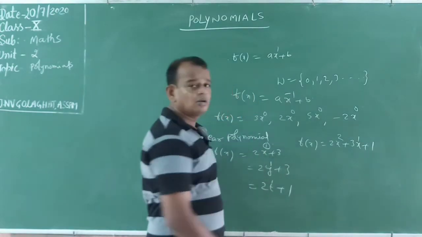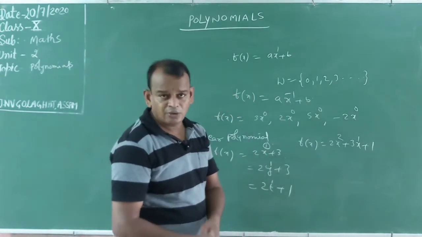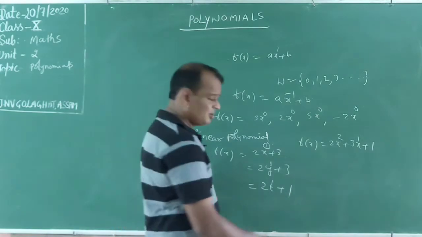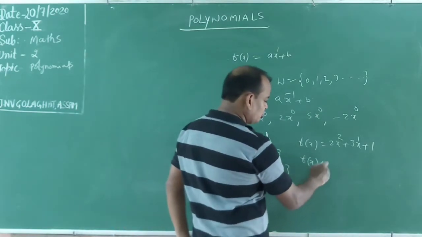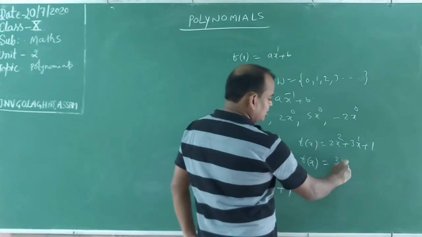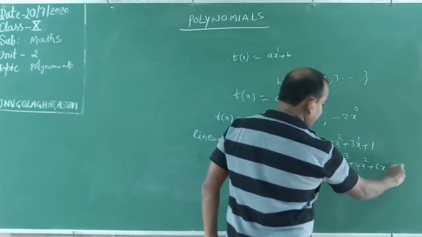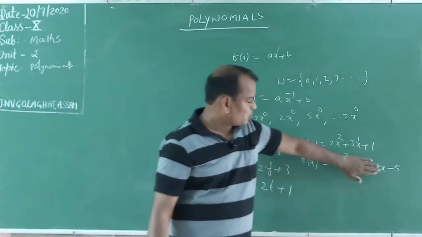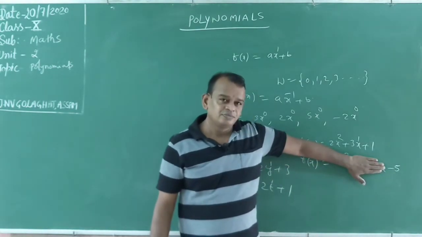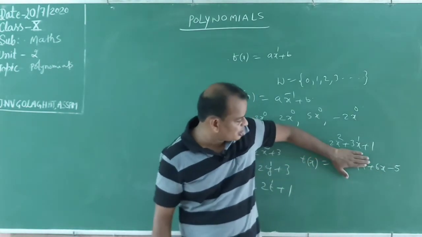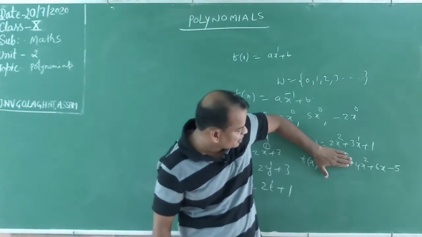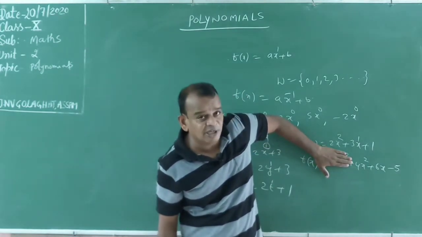Next, the cubic polynomial. You know very well, you will easily understand. Cubic polynomial: 3x^3 + 4x^2 + 6x - 5. Observe that. Close this one: that is a constant polynomial. Close this one: this is a linear polynomial. Close this one: this is a quadratic polynomial.